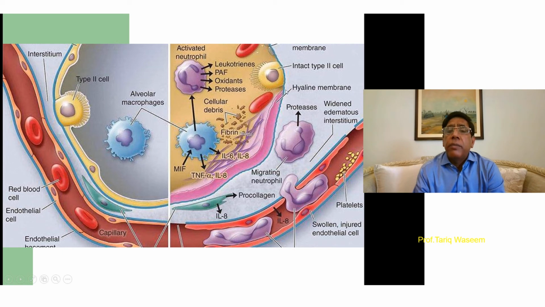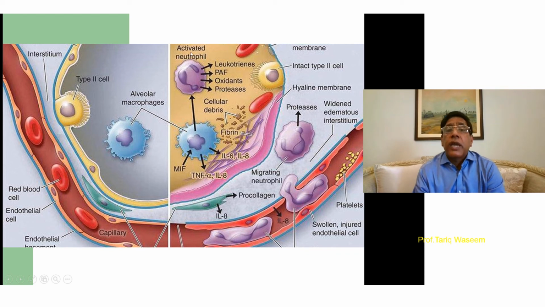Now the type 2 cells are intact, and these cells also play some role, but the main role is played by entry of red cells and white cells into the alveolus.